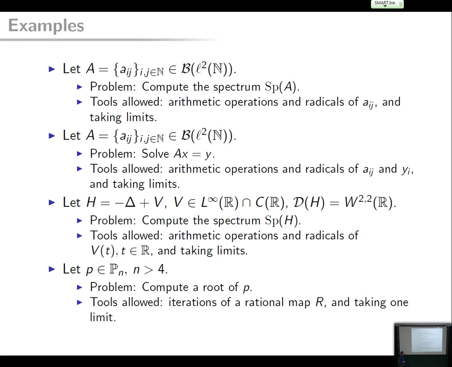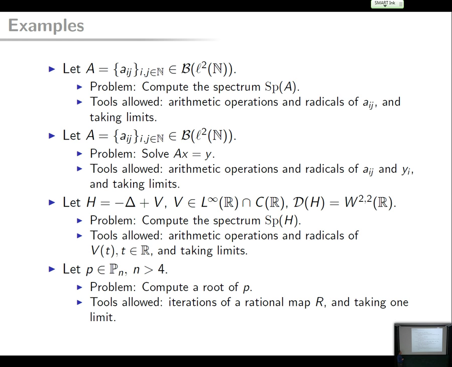I have the potential function. That's what I can see. I can sample the potential function. It's the potential function that defines the spectrum. I'm asking simply, can I take arithmetic operations and radicals of those samples and, using limits, recover the spectrum? This is very different from the previous problems. There's a potentially infinite, uncountable amount of information I'm sampling from. The question is, can you do it?